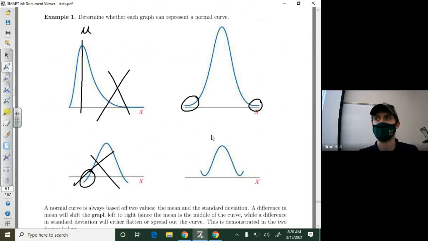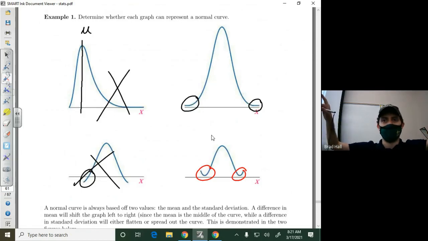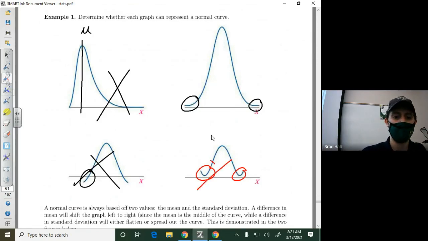So it converges. So if we look at the graph right below it, that does not exhibit that characteristic. The tails cannot just curve right back up. The curves have to level out, in other words. That's the main idea here. So the tails have to level out with the axis.